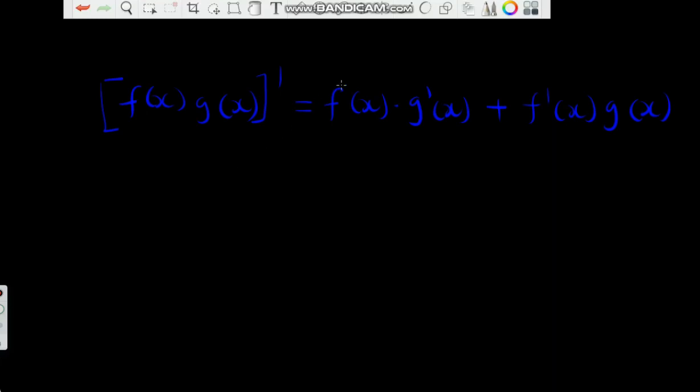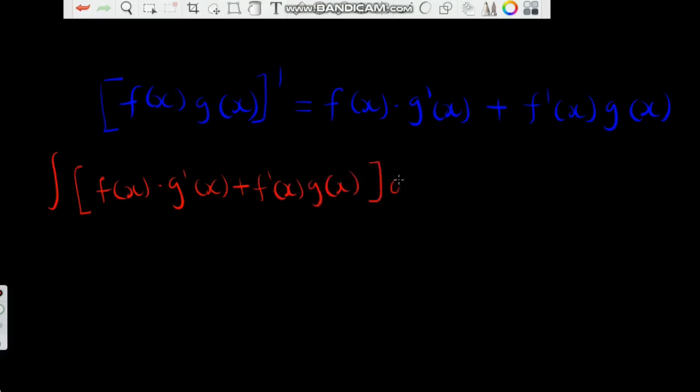Now I know that when I take the integral of this, I'll get the function. So that would be the integral of f of x times g prime of x, plus f prime of x times g of x.